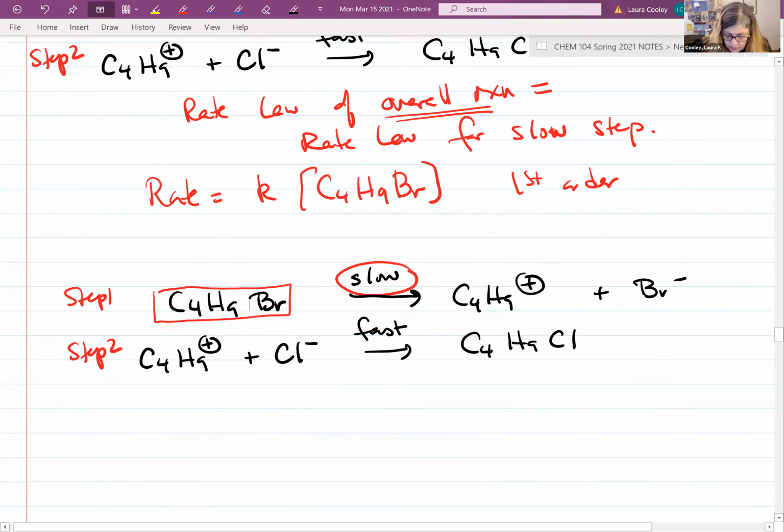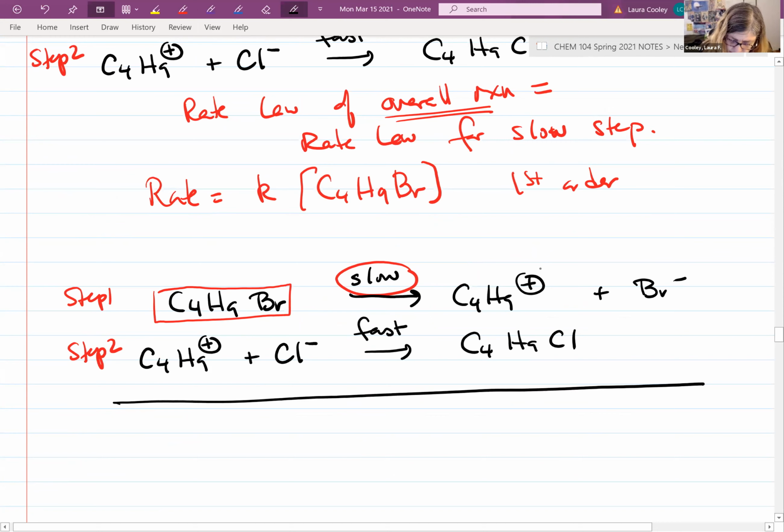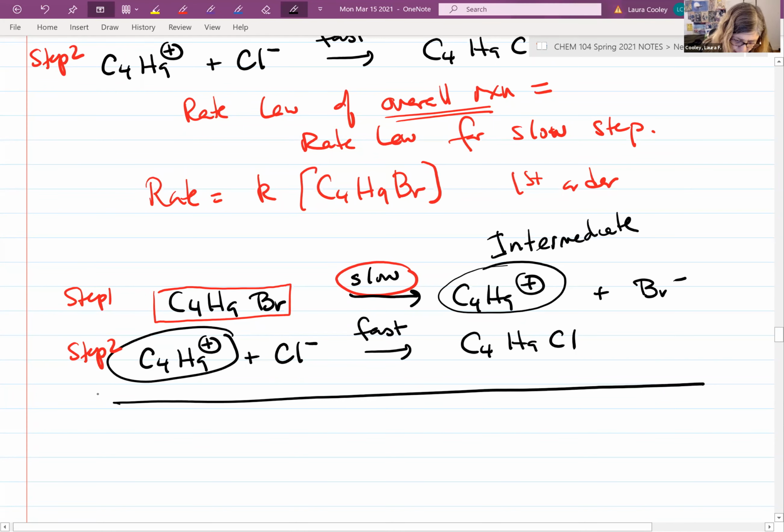When you add this up, the way you find the overall reaction is you can add up the steps. And here's something that forms. This is an intermediate. And then notice that it reacts away.